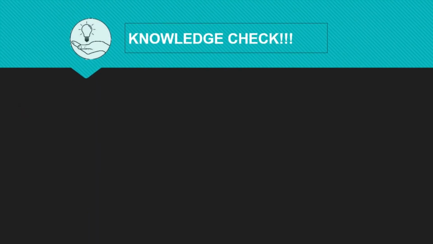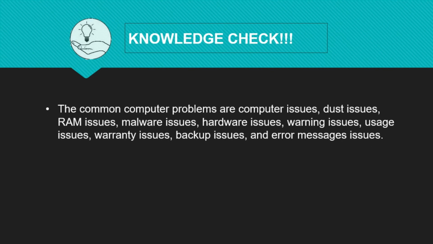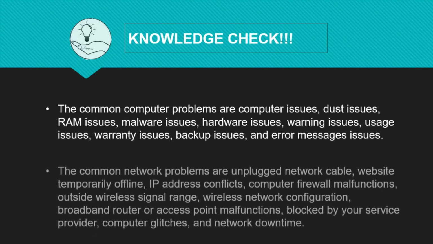So that's it for your computer system and network problems. This time, let us check if everything has been learned. The common computer problems are computer issues, dust issues, RAM issues, malware issues, hardware issues, warning issues, usage issues, warranty issues, backup issues, and error messages issues.